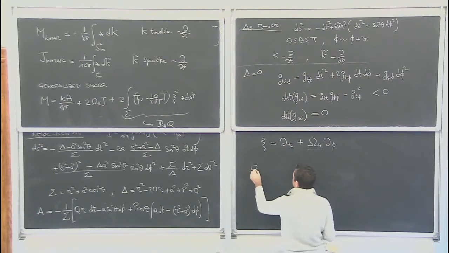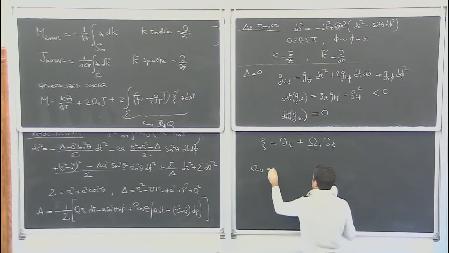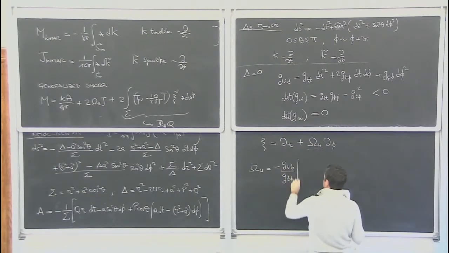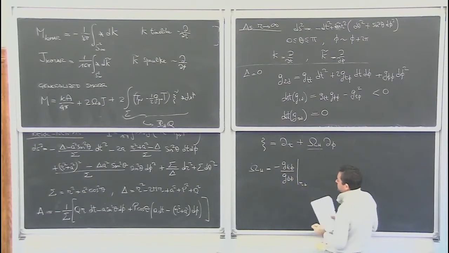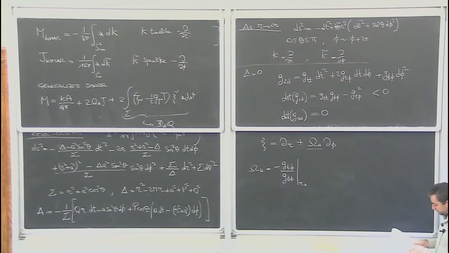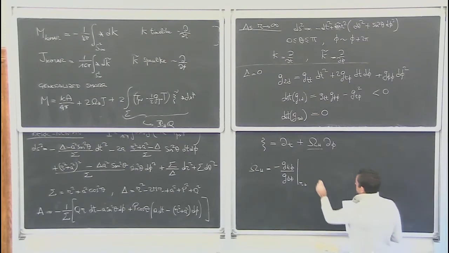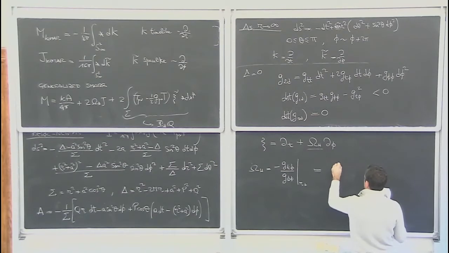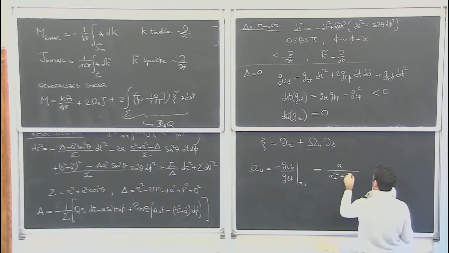I claim that omega H, given by minus g_tφ over g_φφ evaluated at r plus, and let's focus on r plus, the same things can be done for r minus, but we will focus on r plus, the outer horizon, the first that we encounter when we move from larger values of r. If you do this, you will find that this is a over r plus squared plus a squared.